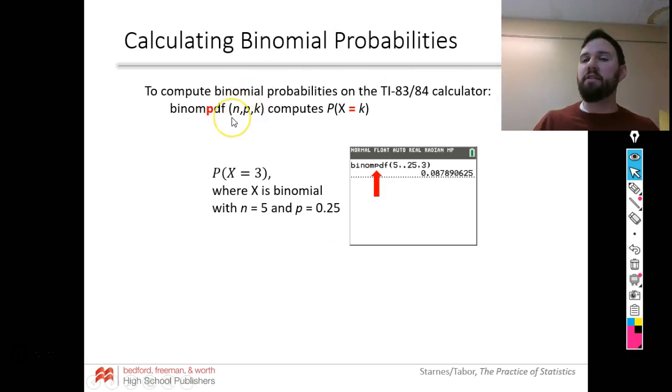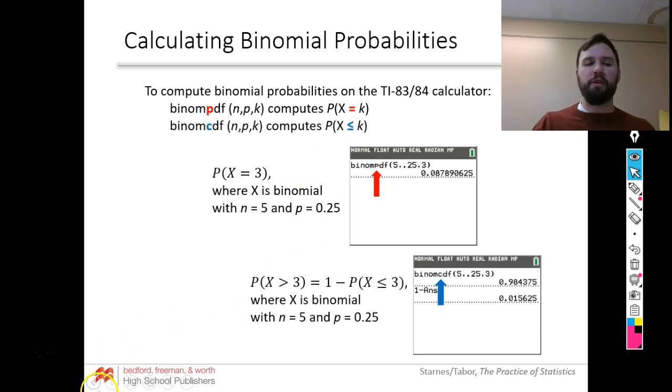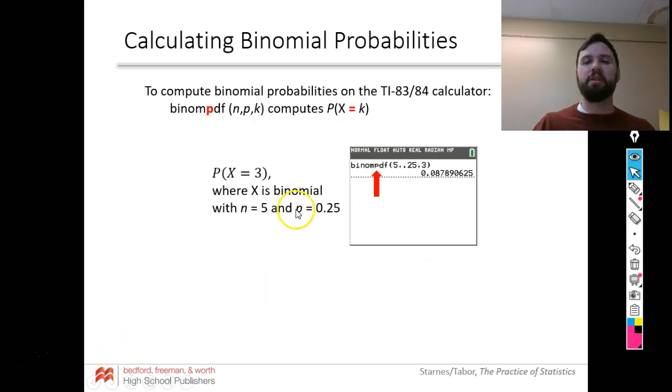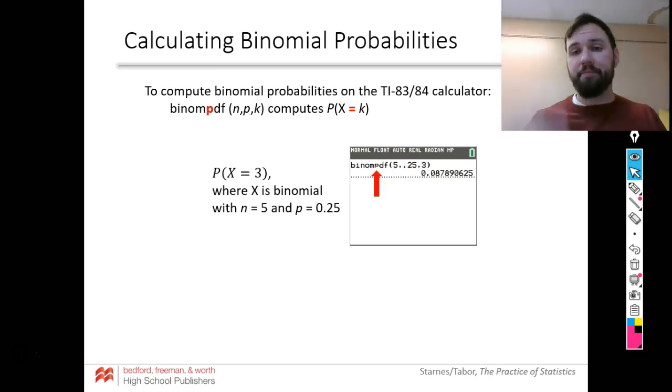N is the number of trials, P is the probability of success, and K is how many successes we're looking for. So for the original problem, that was when K equals 3, when X equals 3, I would have done 5 trials, 0.25 chance of type O. I'm looking for 3. Same thing.